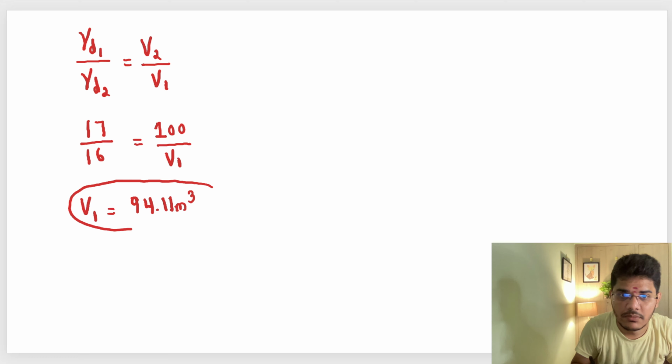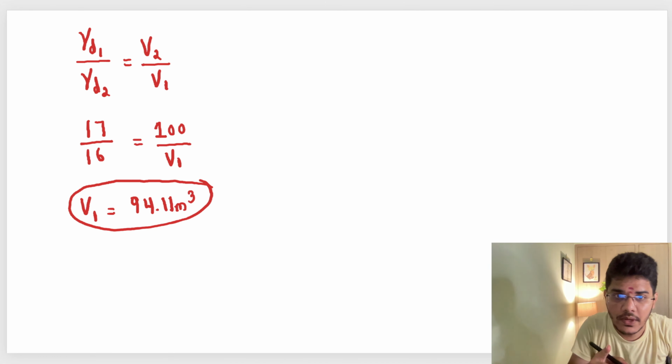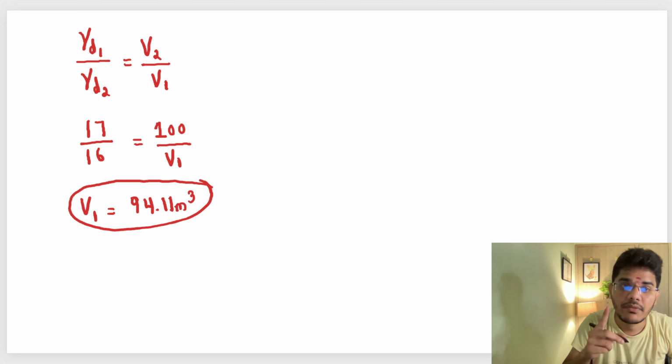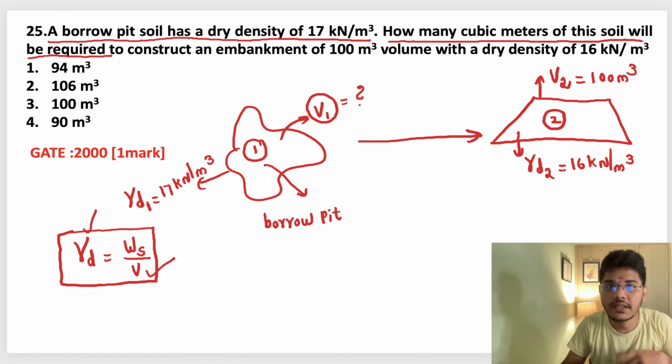So this is nothing but this much cubic meters of soil which is required from the borrow pit to construct an embankment of volume 100 meter cube that is having a dry density of 16 kilonewton per meter cube.